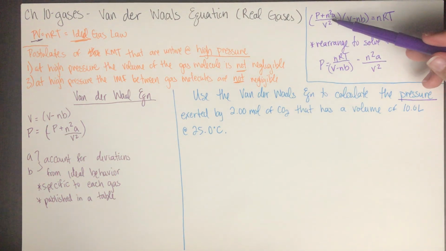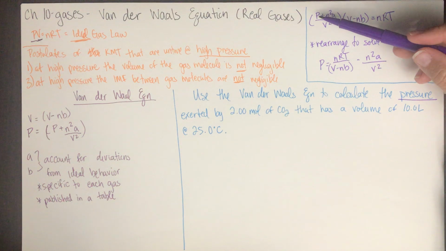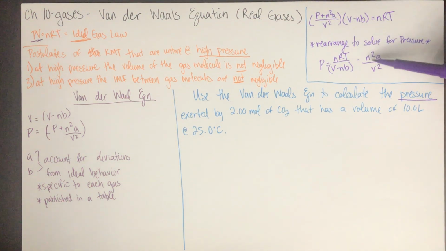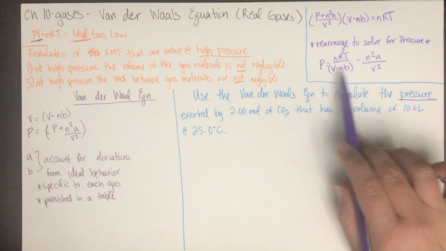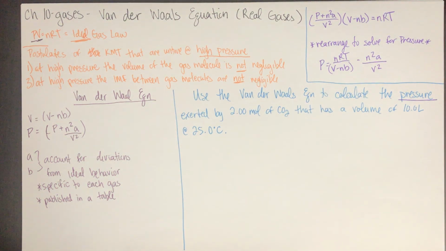I divided both sides by V minus nB, and then I had P plus n squared A over V squared, so I subtracted n squared A over V squared from both sides, and now I have this van der Waals equation rearranged to solve for pressure, and now this is what I'll use to solve the problem.